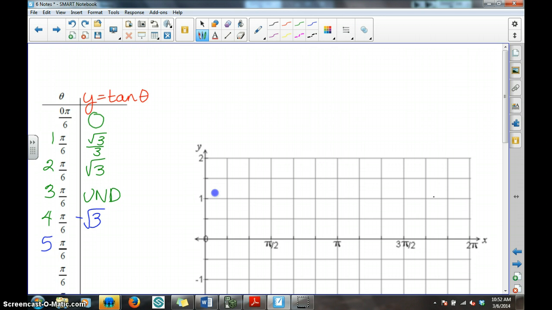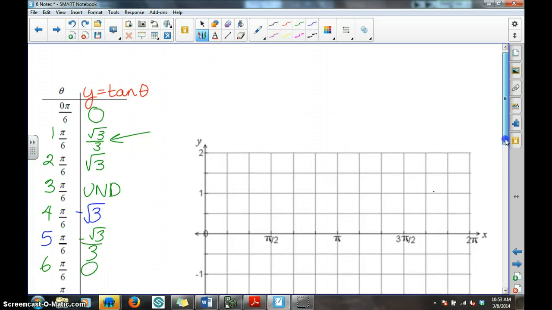In 5 pi over 6, now I want 5 sets of 30, so that's 150 degrees, has a reference of 30, so it'll have the same answer as this, but in the second quadrant, it'll be negative. 6 pi over 6 is just plain pi, and the tangent of pi is 0.